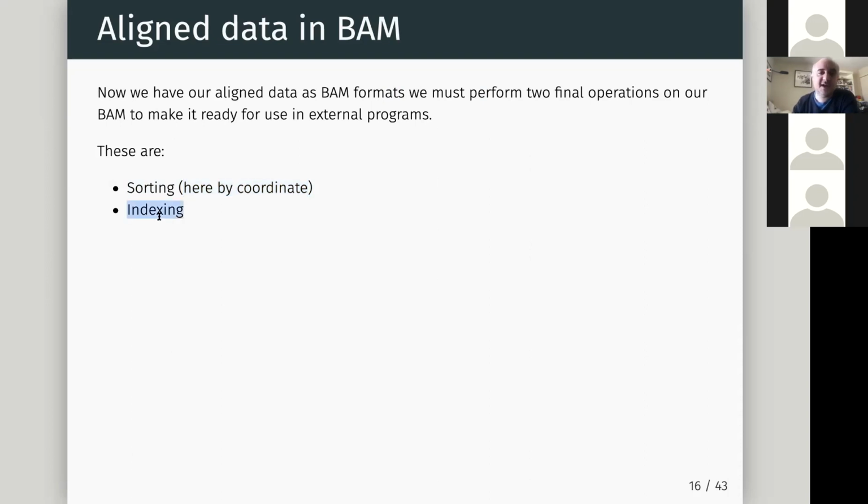And then we're going to create, after we've sorted, this index file, this .bai, to go with our .bam. And it's this that allows us to use it in IGV. It's actually going to give us random access to the file. We can actually retrieve reads from any coordinate once we have that index in a really memory efficient, computationally efficient manner.